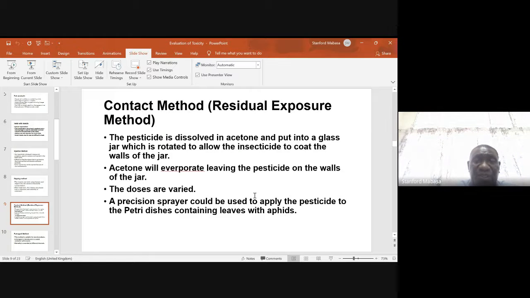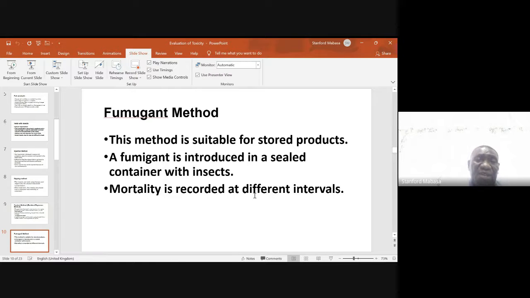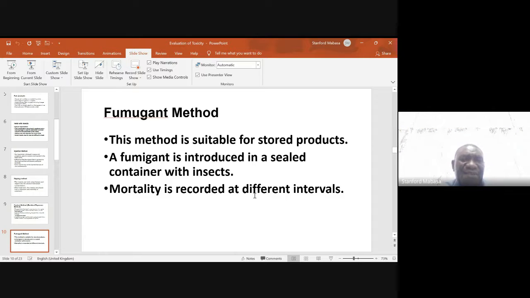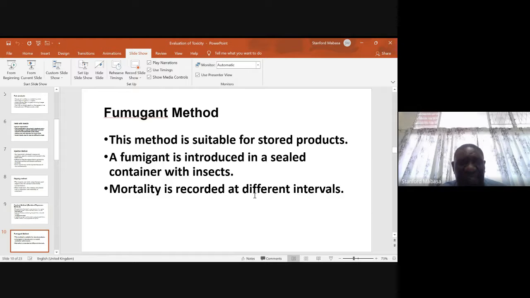So apart from the contact method, you have the fumigant method, which is probably self-explanatory, where you just fumigate the insects. This particular method is suitable for stored products. A fumigant is introduced in a sealed container with insects.